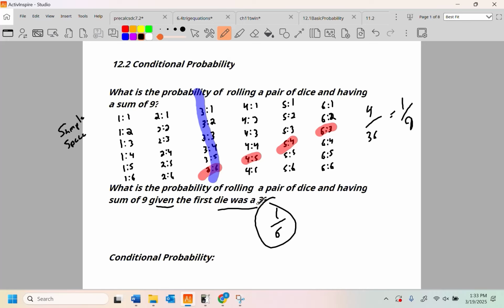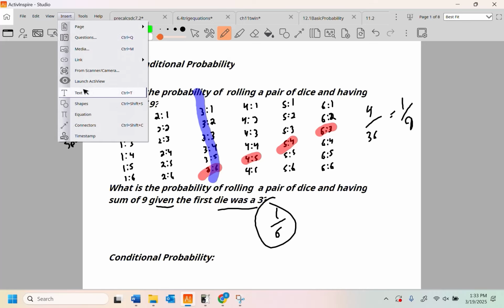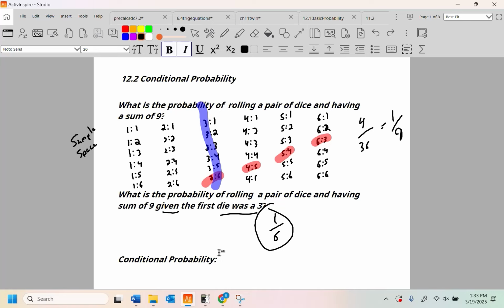Now, the second problem is an example of what we call conditional probability. Conditional probability is the probability of a second event happening given the first event has already occurred.